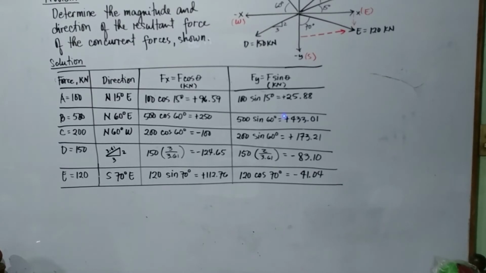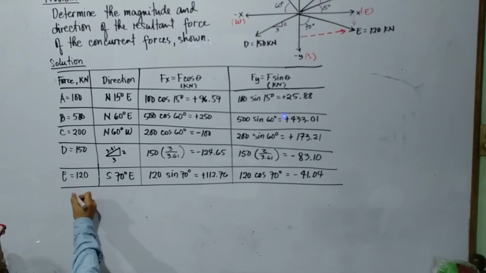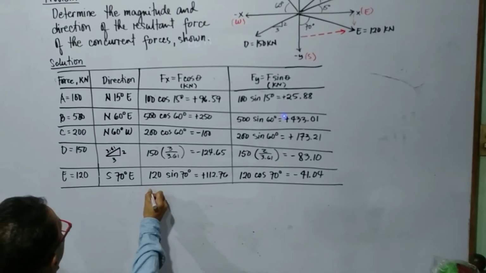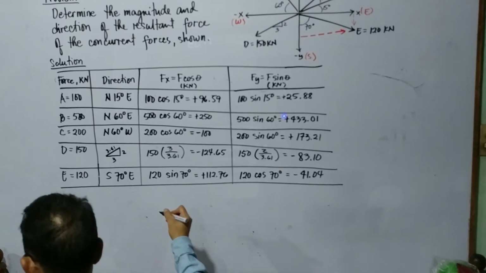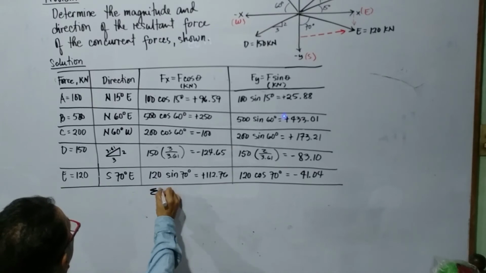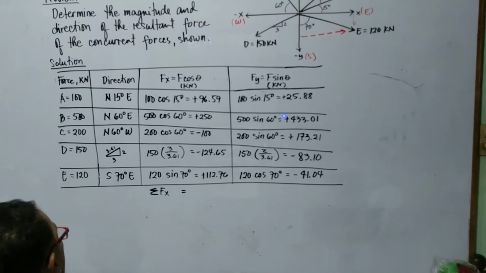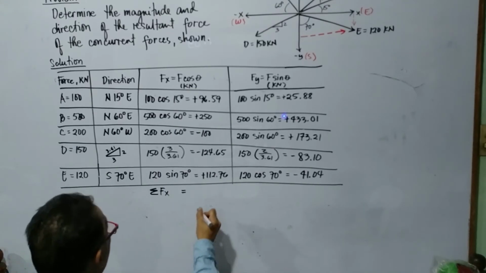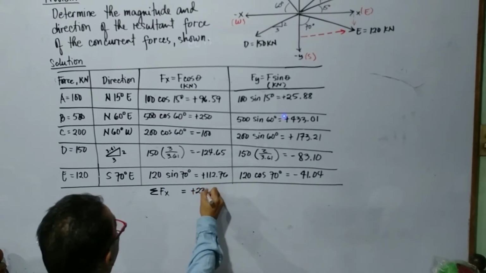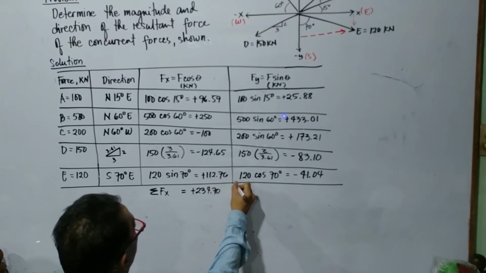The next step is to get the summation of components. Just take the sum, or we have now positive 234.70.